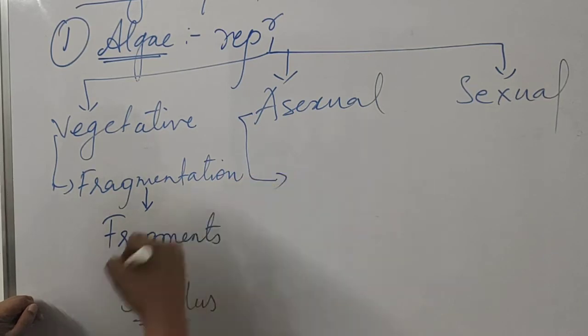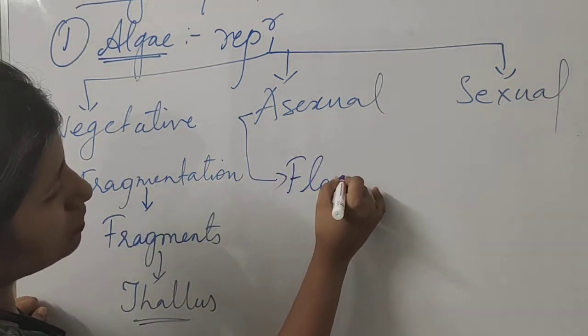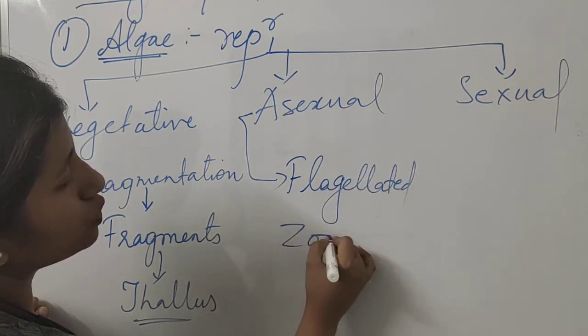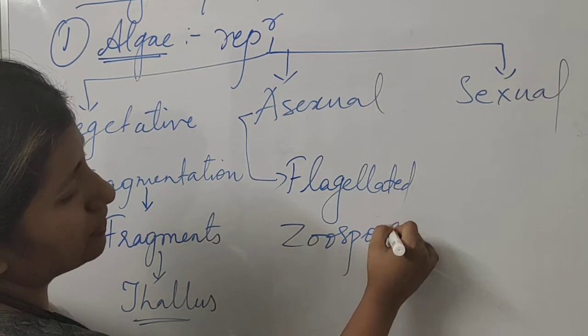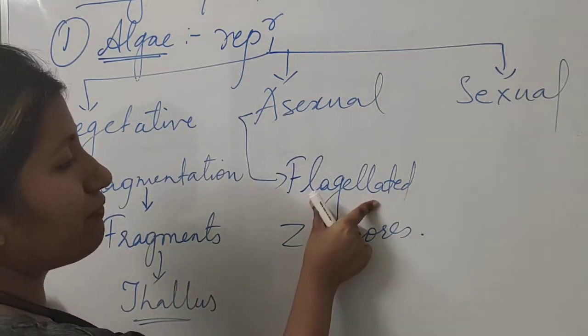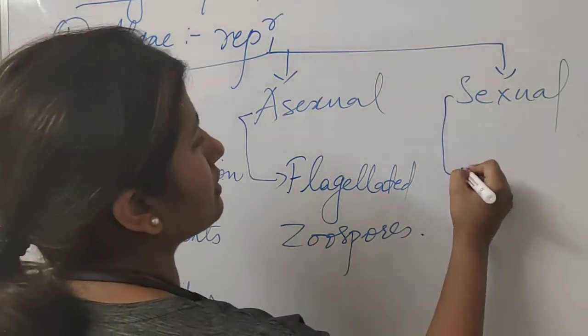Next, through the asexual mode. How do they reproduce asexually? With the help of flagellated zoospores. So spore formation, you can say. Flagellated means these spores have flagella. And the sexual mode is by the fusion of gametes.